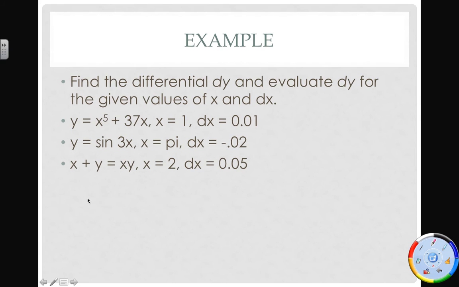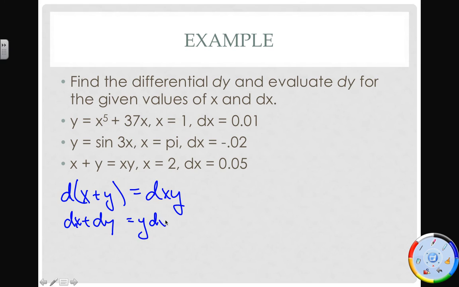I still want to take the derivative of both sides. So I'm going to take the derivative of the x plus y and the derivative of the xy. The left side here is just the sum and difference derivatives, so I can say it's dx plus dy. I'm taking the derivative of a sum, so I can take the derivative separately. This one is the derivative of a product, so I have to use the product rule.